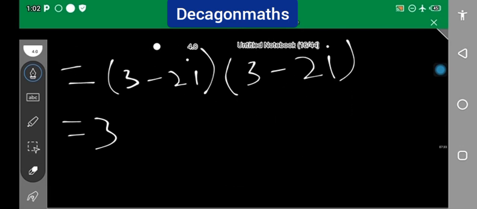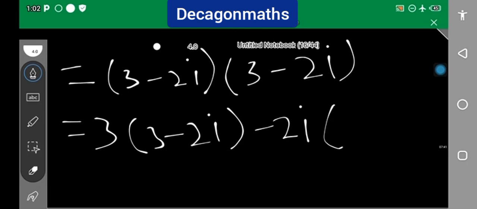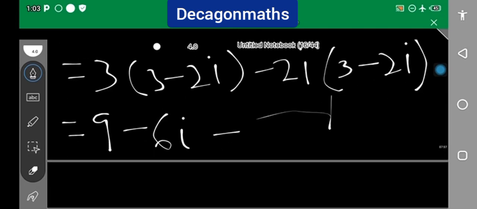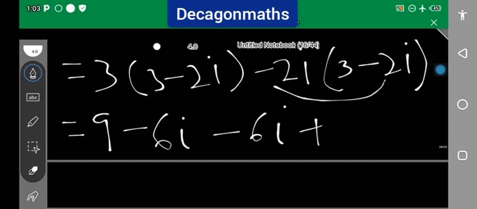Then we simplify this by writing 3 into bracket 3 minus 2i, then minus 2i into bracket 3 minus 2i. So this becomes 9 minus 6i, then minus 6i, then this is plus, because this multiplied by this becomes a plus 4i squared.